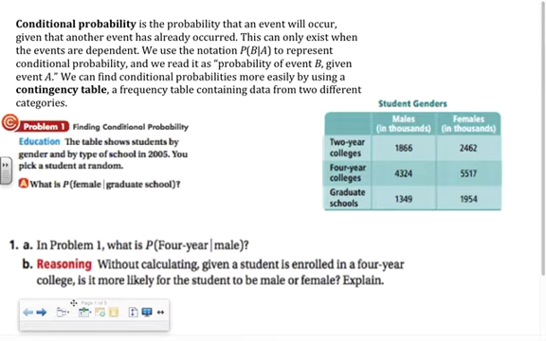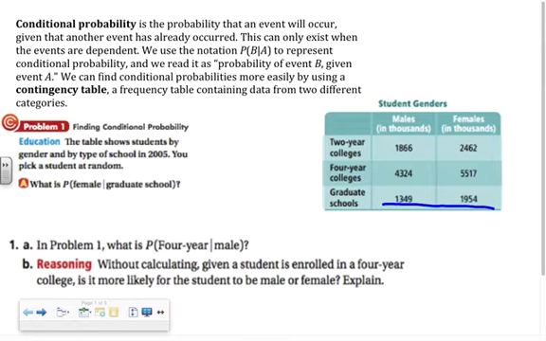So for example, you see in problem 1, we are using the contingency table at the right to find the probability in part A that a student is female given that she's at a graduate school. So I look at how many graduate school students I have.